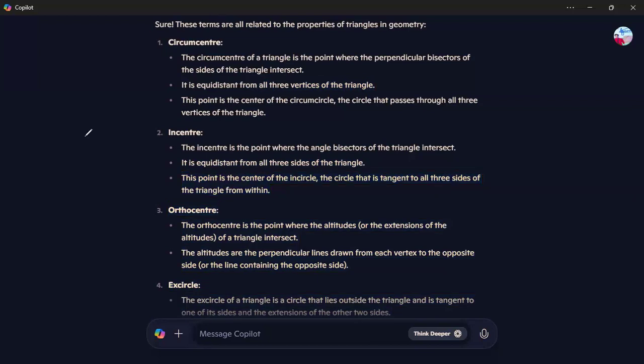Somewhat like this, touching here, here. And the angle bisectors will intersect at the center of the circle.